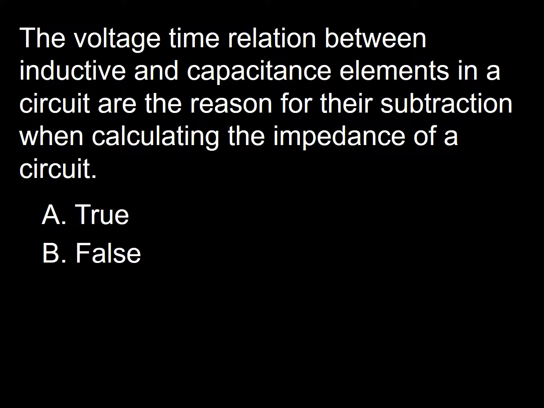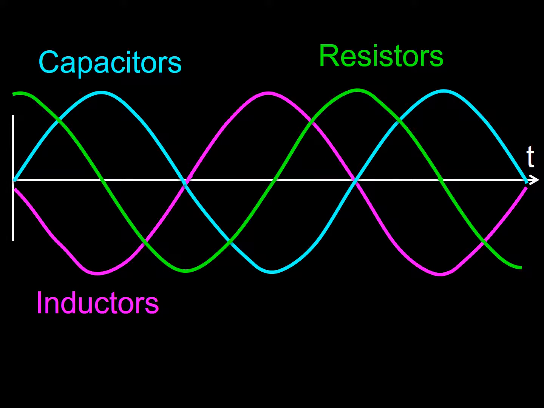Next question. The voltage-time relation between inductive and capacitance elements in a circuit are the reason for their subtraction when calculating the impedance of a circuit. A true, B false. In this frame, I have just represented the voltage-time relation for each of the three factors involved in impedance.